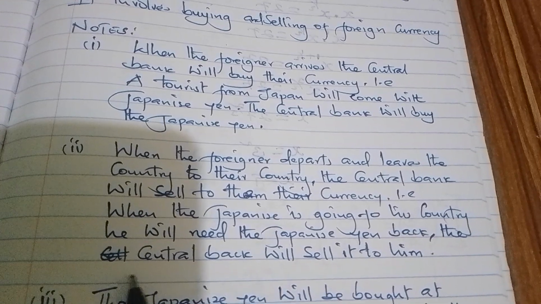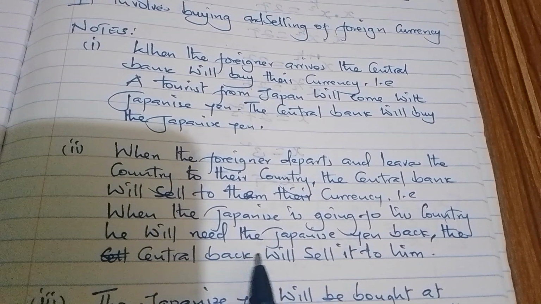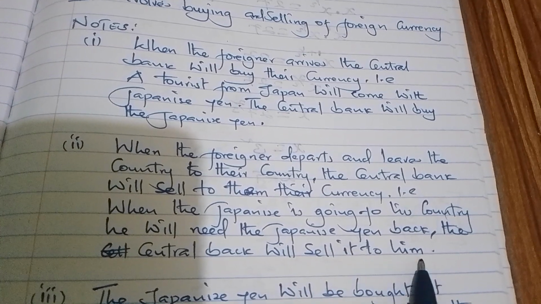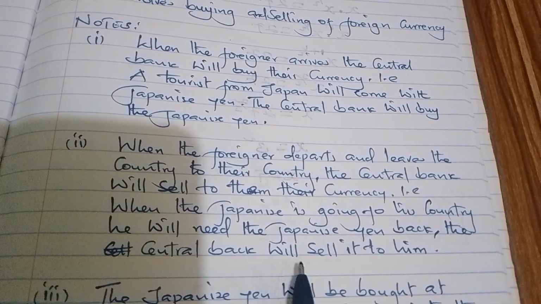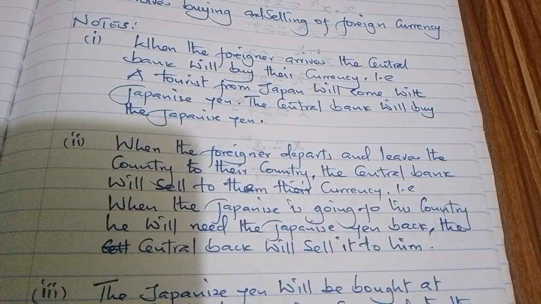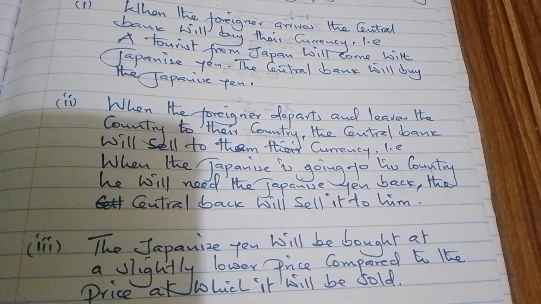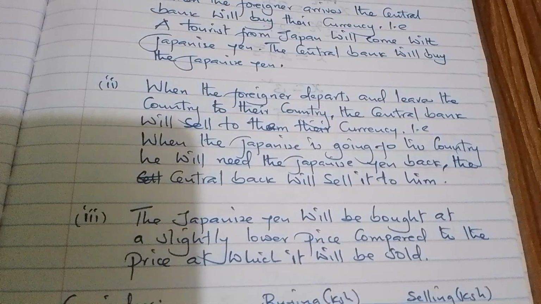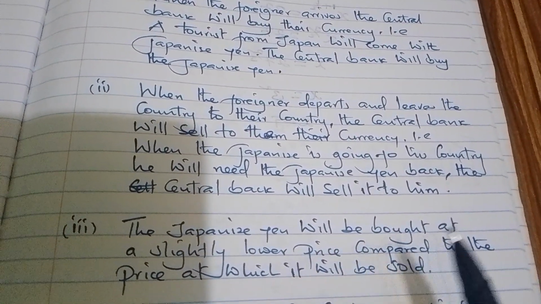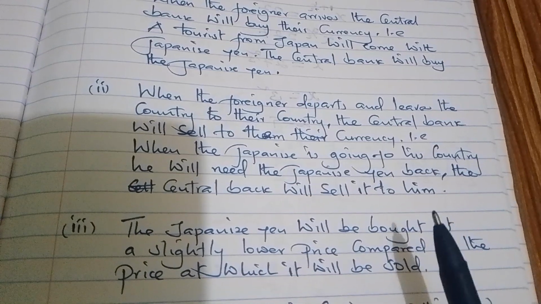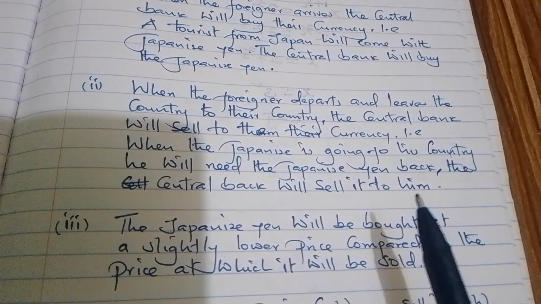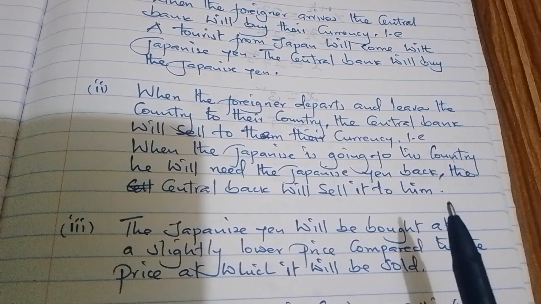The central bank will sell the Japanese yen to him so that he goes back to his country. So you'll go to the selling section and check how much the Japanese yen is sold at, so that you sell the Japanese yen to this young man that is flying back to his country.